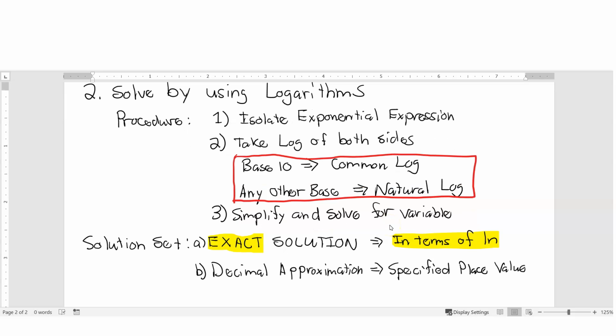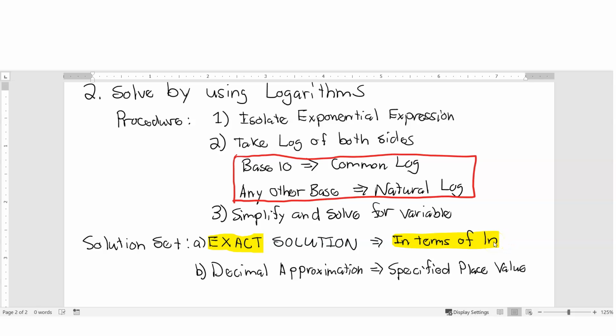When solving exponential equations using logarithms, pay close attention to the solution that is asked for in any of your problems. Language is very important. Very often, problems will have language that requires an exact solution, which will be in terms of natural logarithms.